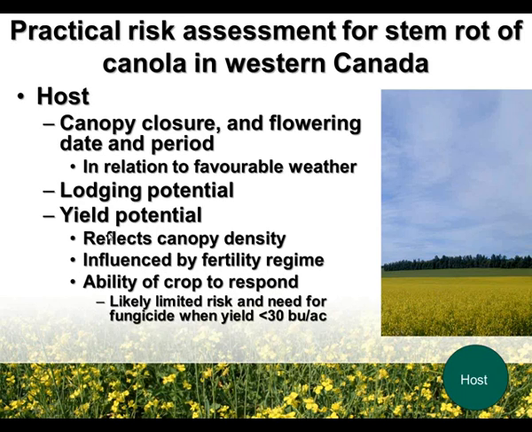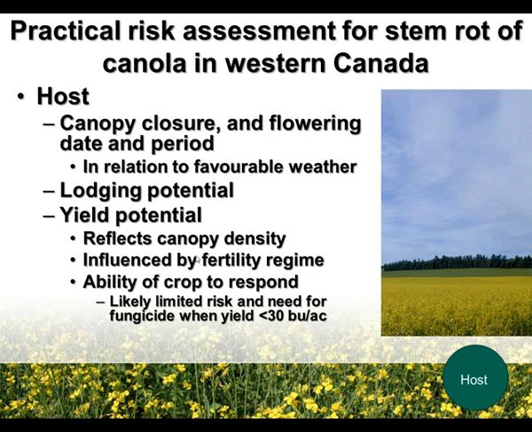What's the yield potential? And really, if you've got a yield potential in that crop that's much less than about 25 to 30 bushels per acre, you're likely not at a high risk of Sclerotinia. You're likely not to see a response from fungicide application. It's really only once you start to see yield potentials in the 30 to 40, 50, 60, 70 bushel per acre range, and perhaps even higher.